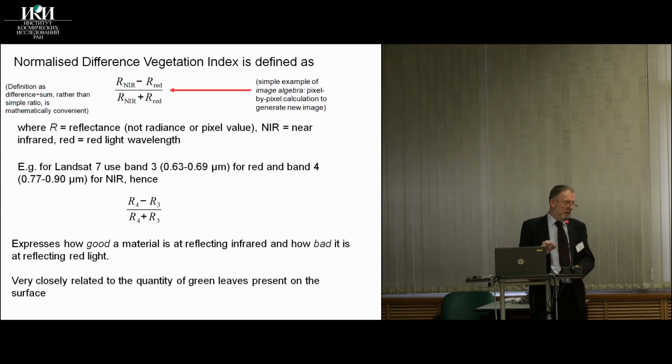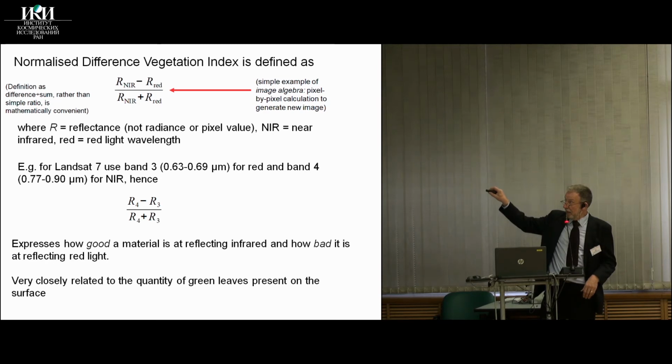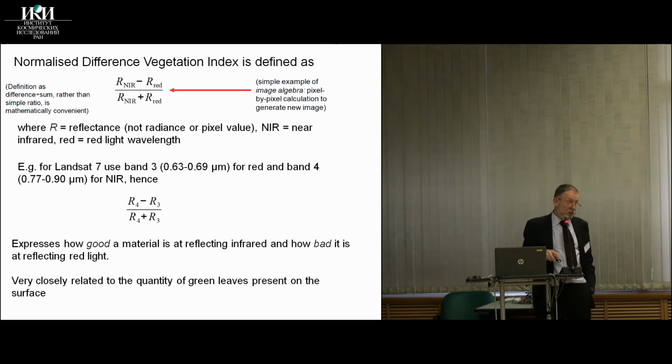Formally, we can define this as a kind of image algebra. It's a mathematical operation performed on a remotely sensed image to generate what is in effect a new image. So, if we have a remote sensing system that gives us these two quantities, the red reflectance and the infrared reflectance, which they nearly all do, we can calculate this quantity.